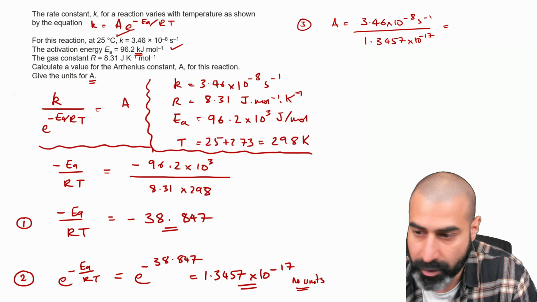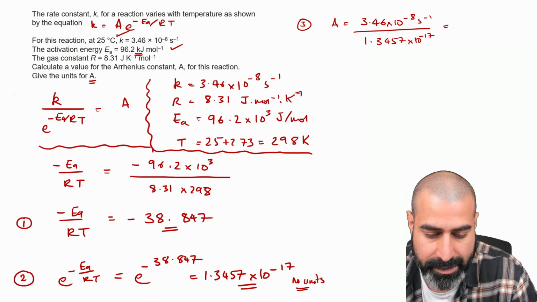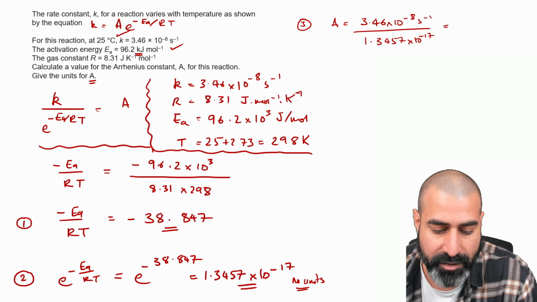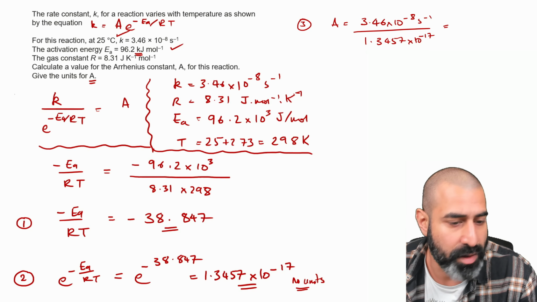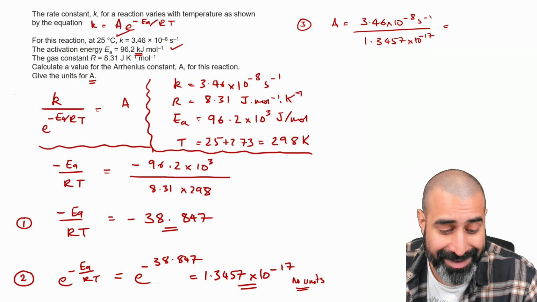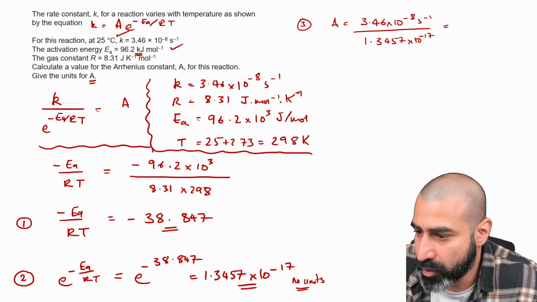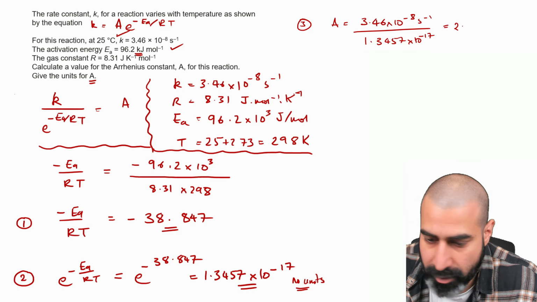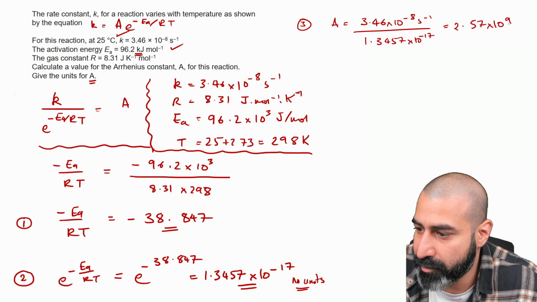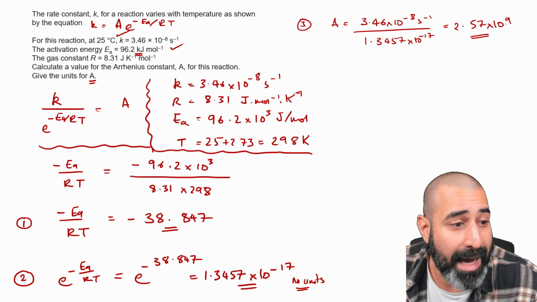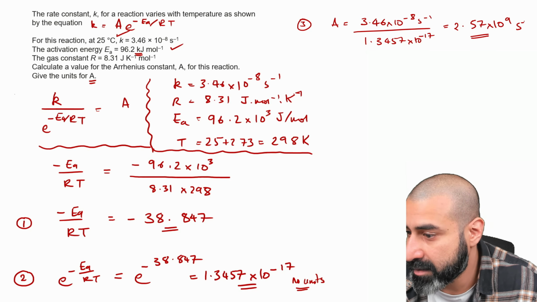So 3.46 times 10 to the minus 8 divided by that value gives me a big, big number. You should get 2.57 times 10 to the power of 9, and the units are s^-1.